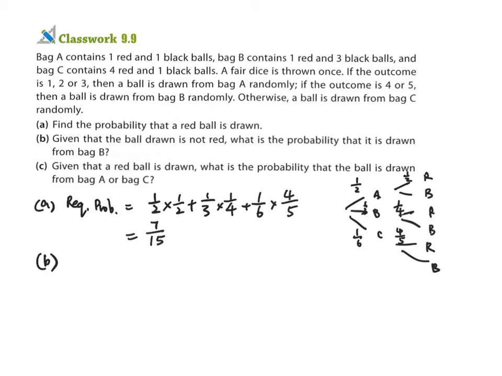Given that the ball drawn is not red, what's the probability that it is drawn from bag B? So given that it is not red, that means this is a black ball. And what is the probability that it is from bag B?